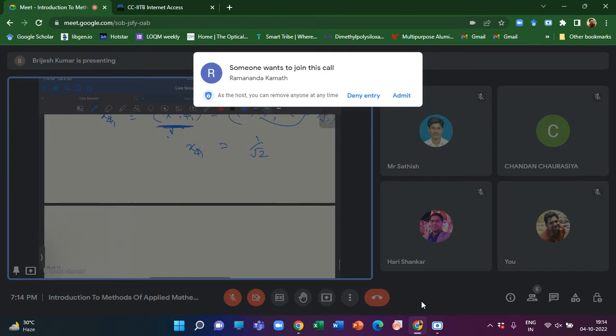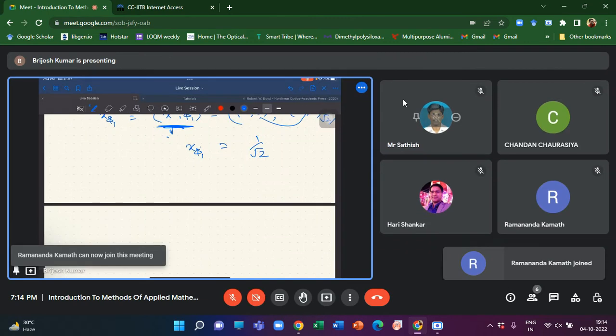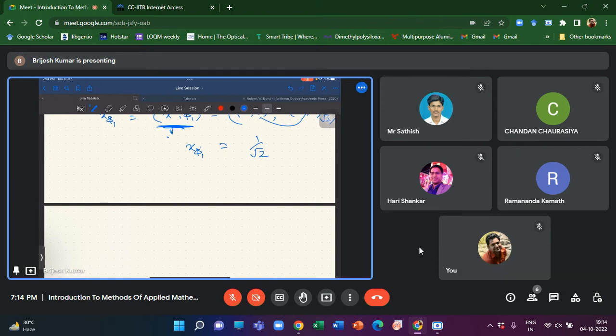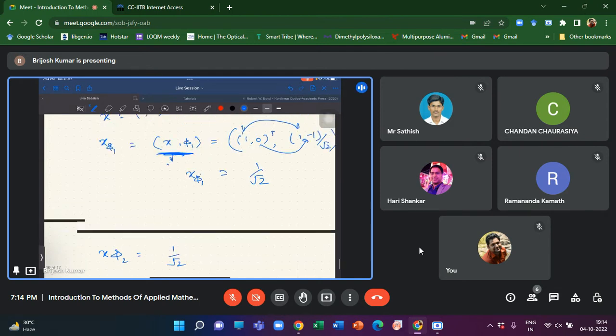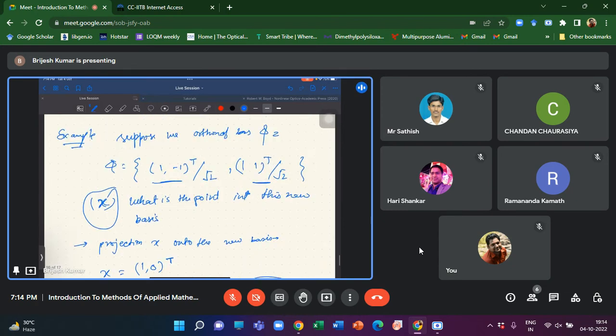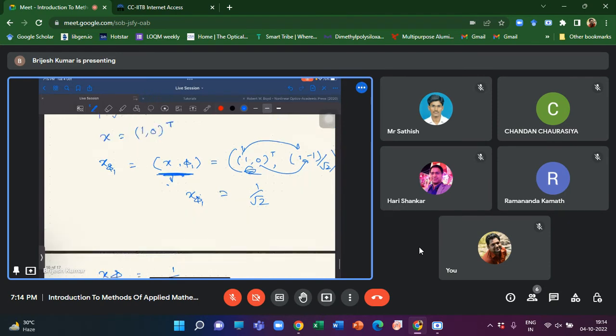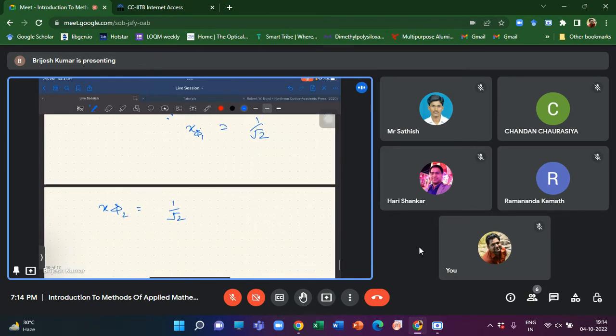Similarly, if we find x phi 2, then we will also get 1 by root 2, because now we take this phi 2 in place of phi 1 and multiply again. Then we will again get 1 by root 2.